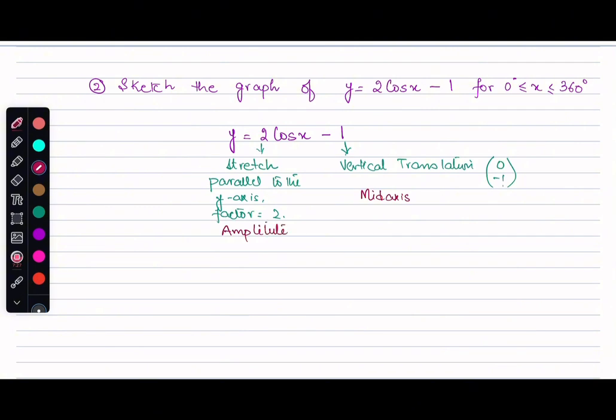So mid-axis is negative 1 and the amplitude is a positive 2.